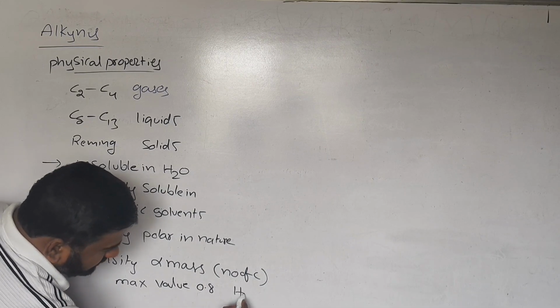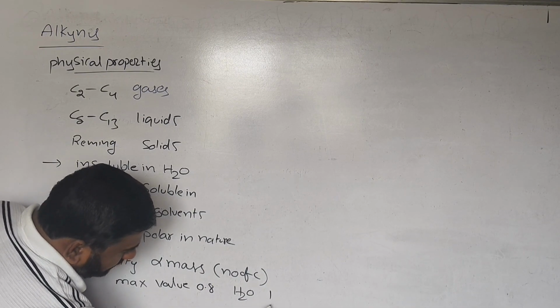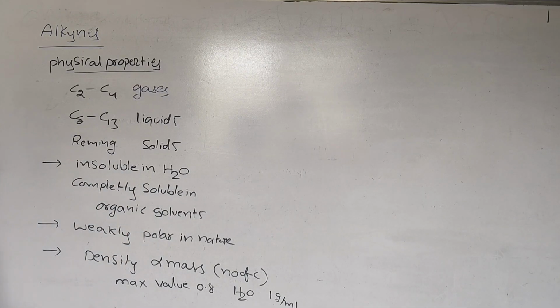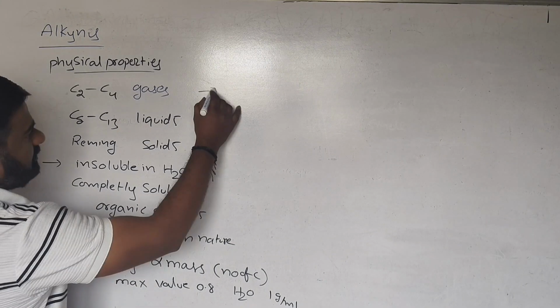The maximum value is about 0.8, while the density of water is 1 gram per ml. So all the hydrocarbons have less density than water, so they will float on the surface of the water.